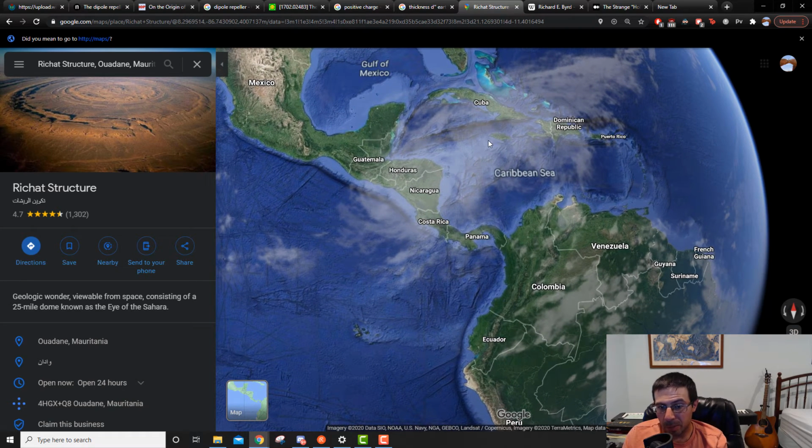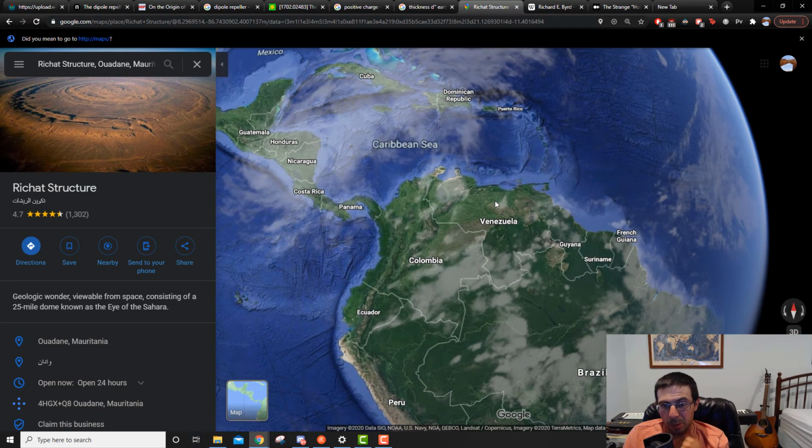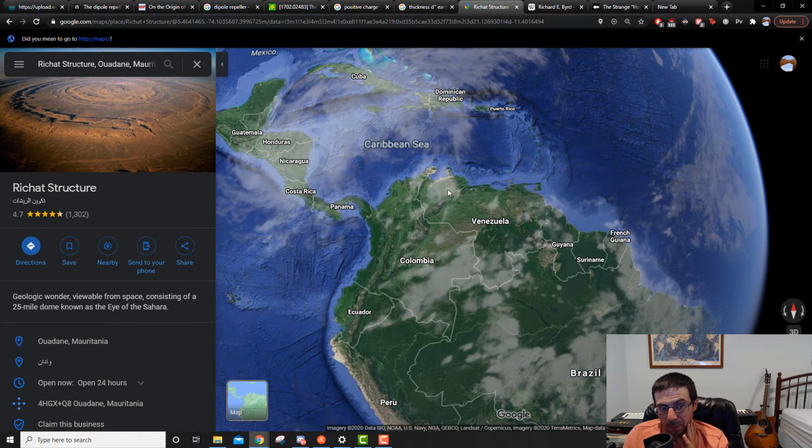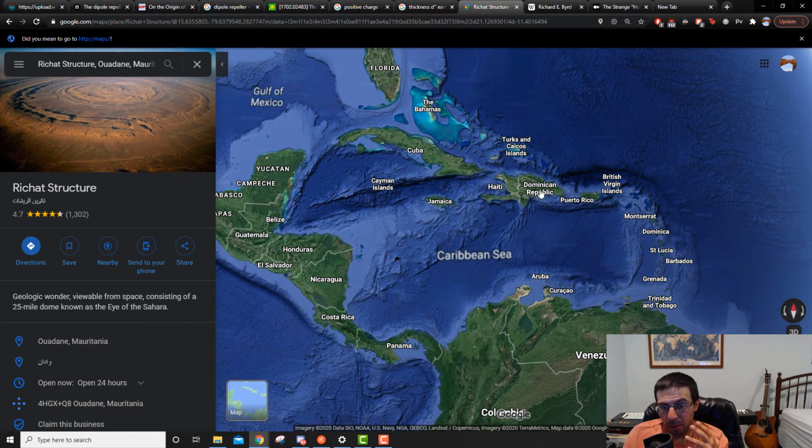When the Earth expanded, there was fracturing in lots of places, and there were essentially shock waves of energy that caused fractures like this to occur. Interestingly, Cuba, the Dominican Republic, and Puerto Rico, all this likely was formed as a result of this fracturing that sent out a wave of energy.